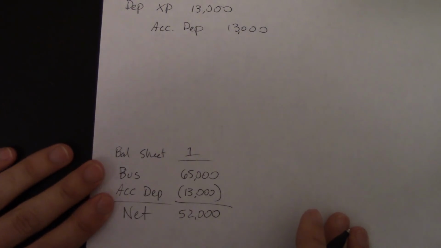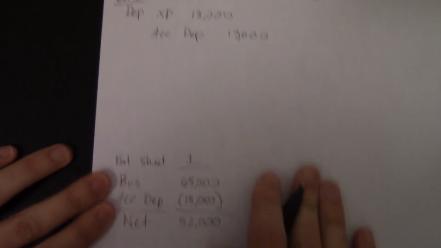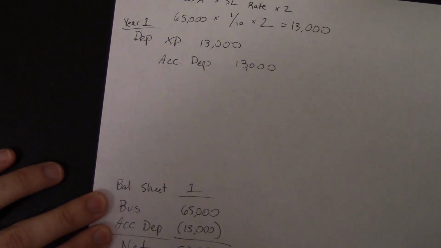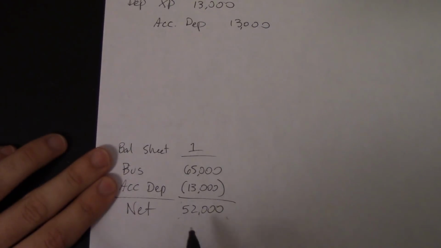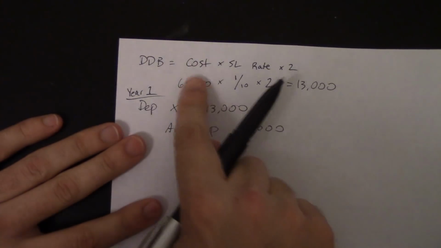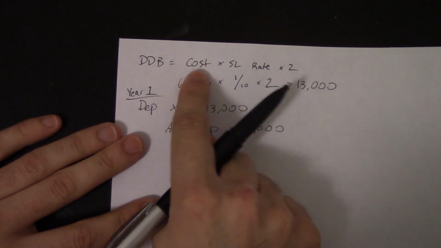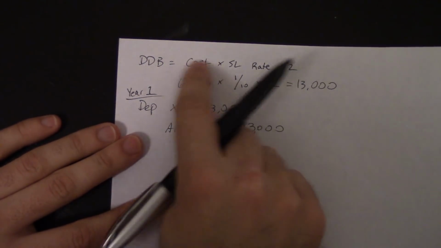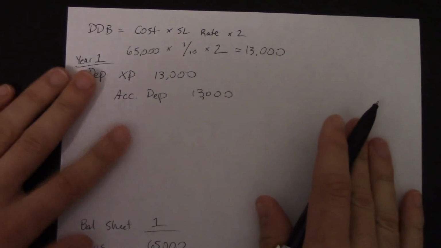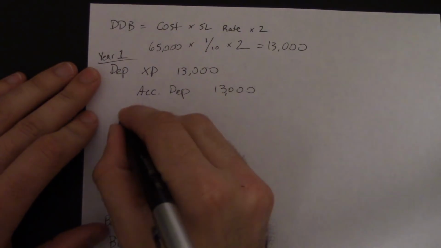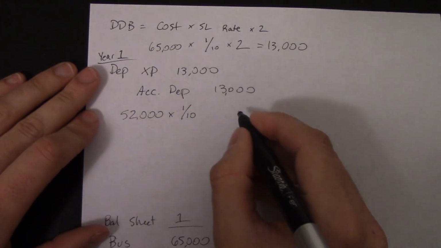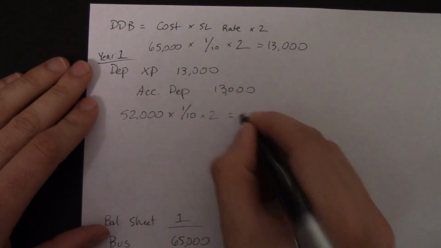Now, with double declining balance, we don't use the same depreciation every year. We now use this carrying value, 52,000, in our new equation. So just like before, we plug in 52 as the cost or the depreciable base, times the straight line rate times 2. So we will say we've got $52,000 times the straight line rate, which is still 1/10, multiplied by 2.